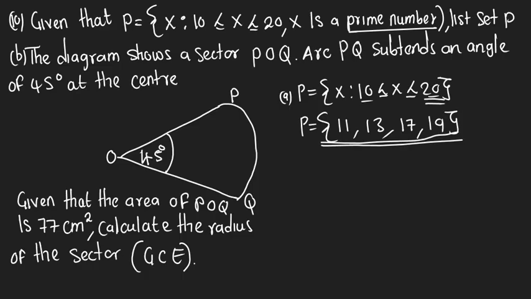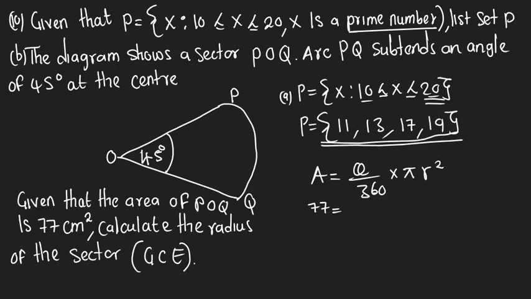The diagram shows a sector POQ. Arc PQ subtends an angle of 45 degrees at the center. Given that the area is 77, the area of a sector is equal to theta over 360 multiplied by pi r to the power 2, right? The angle theta has been given to be what?